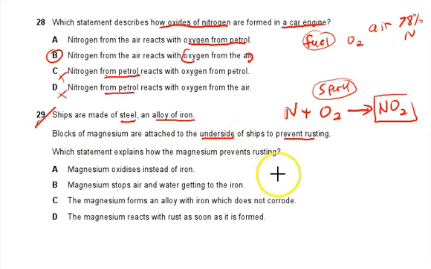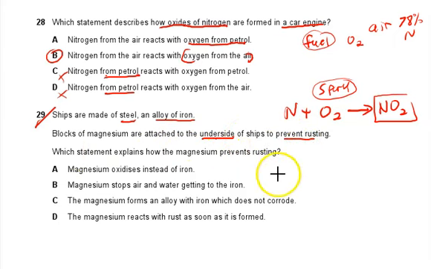Magnesium is in a much higher position compared to iron. So what happens is the magnesium will be oxidized first rather than the iron. This is also called a sacrificial metal. Now let us look one by one.